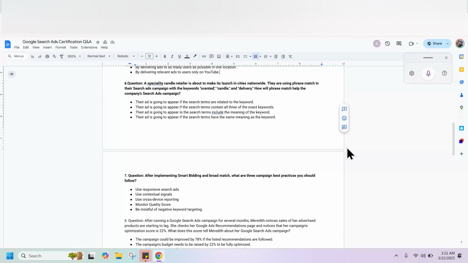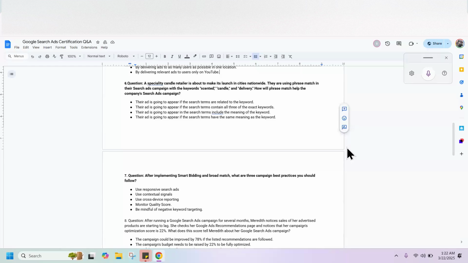A specialty candle retailer is about to make its launch in cities nationwide. They are using phrase match in their search ads campaign with keywords scented, candle, and delivery.